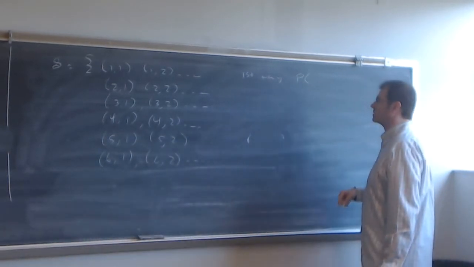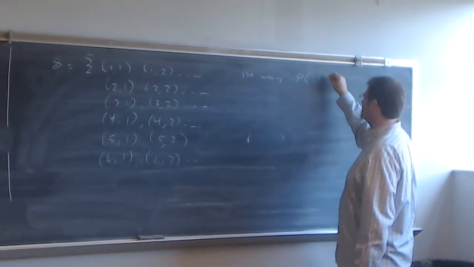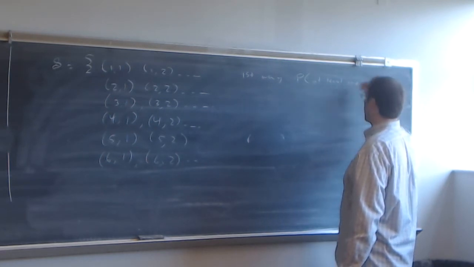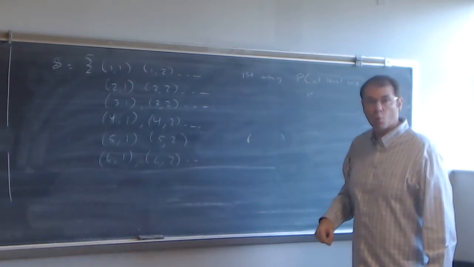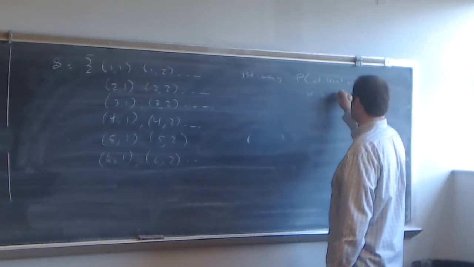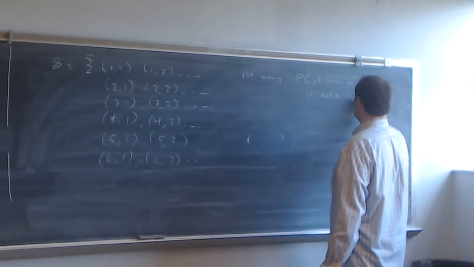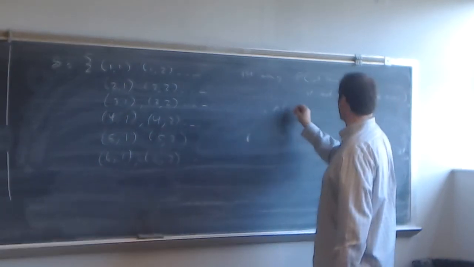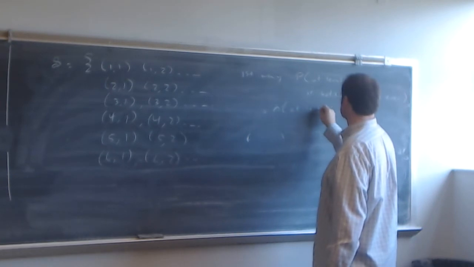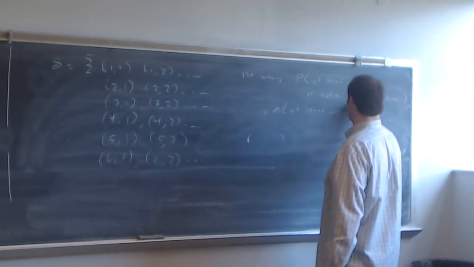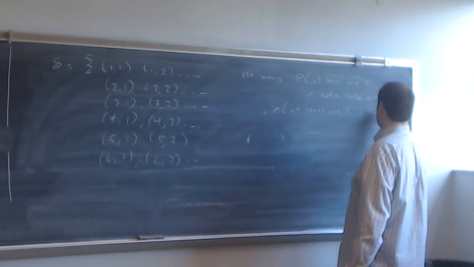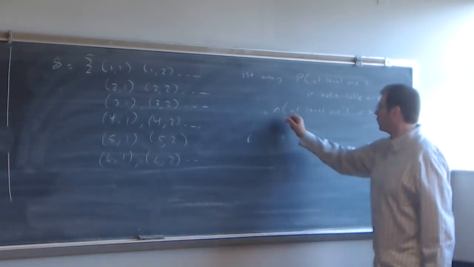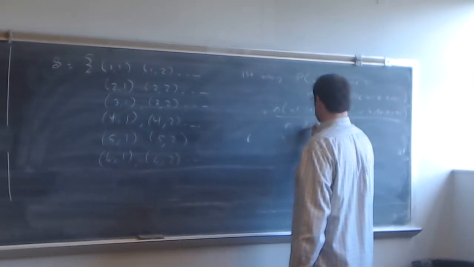use the classical definition. So the probability of at least one 2, or, so that's what union means, or both rolls are even, is equal to the number of ways of at least one 2 or both even rolls over the number in the sample space.